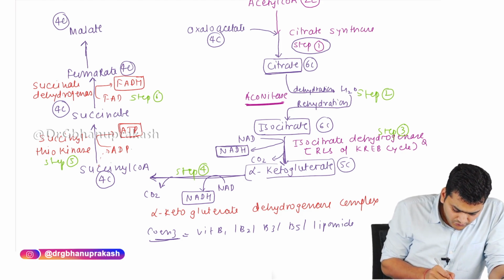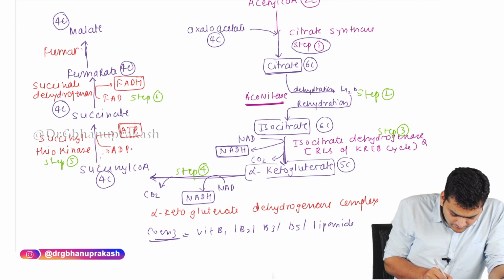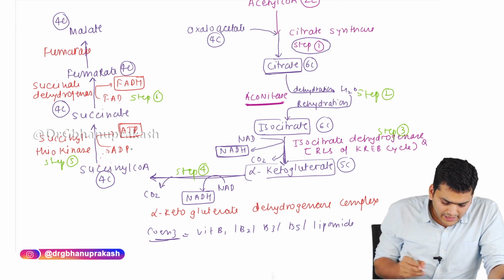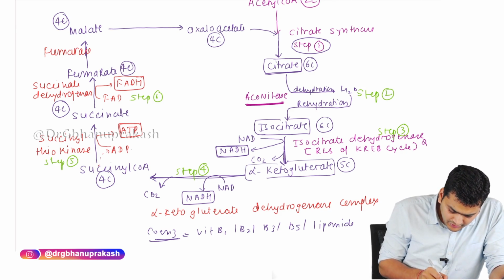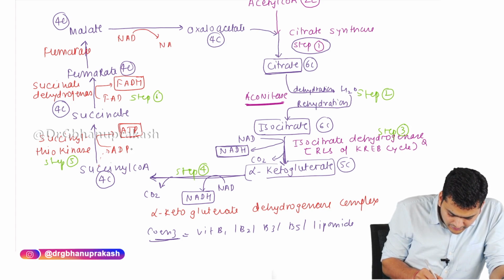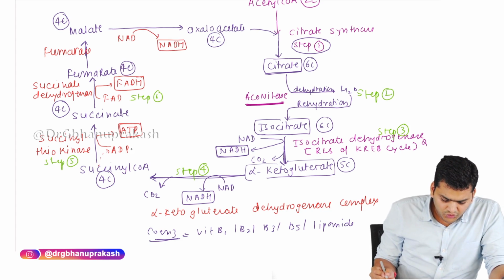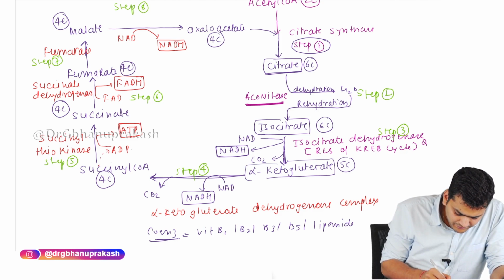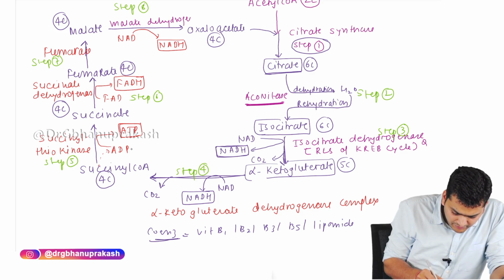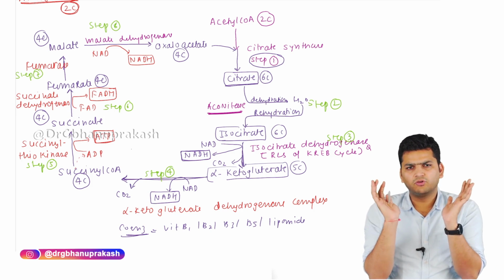So the name of the enzyme is fumarase. Then this malate will convert into oxaloacetate, and in this reaction NAD converts into NADH. That will be step number 8. The enzyme is malate dehydrogenase. So this is how the Krebs cycle looks.